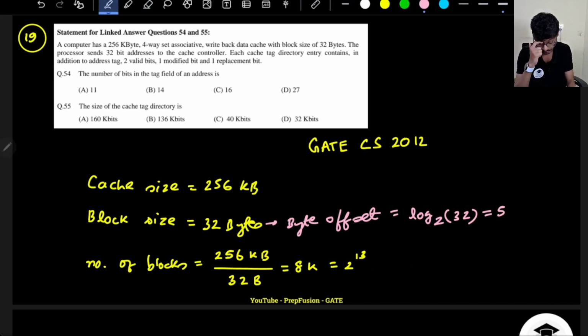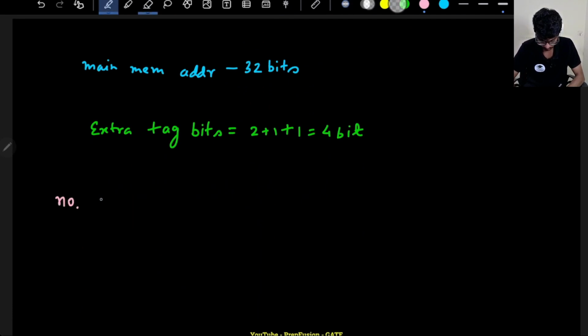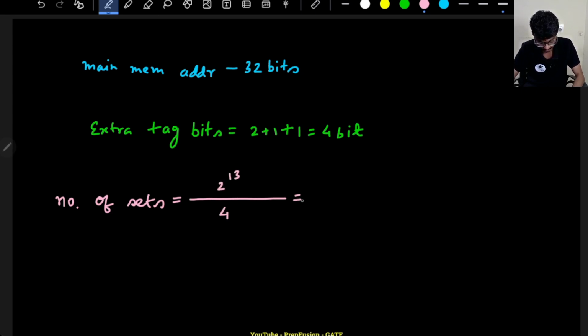Now I have to find the number of sets. It is a four-way set associative cache, so the number of sets will be the total number of blocks, 2 raised to power 13, divided by the associativity, which is 4. So it will be 2 raised to power 11.